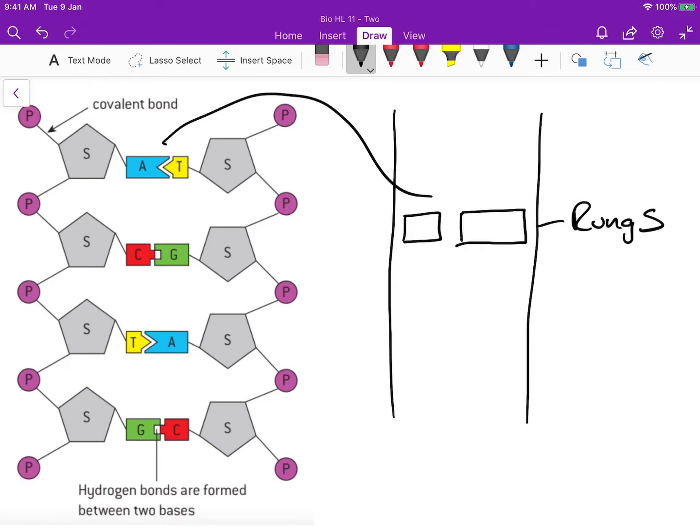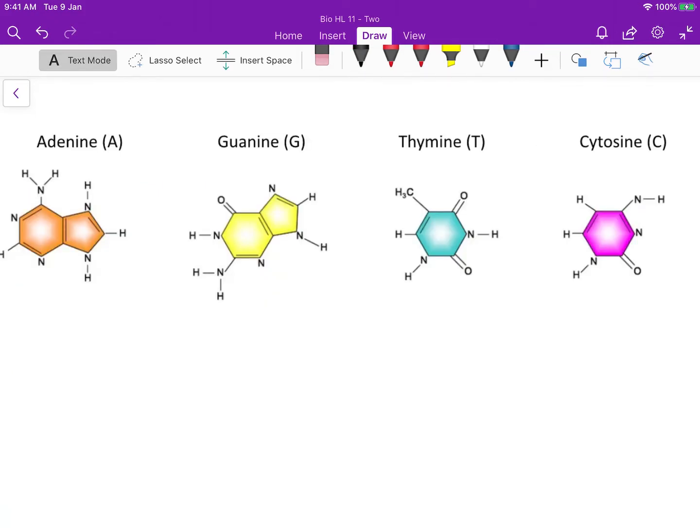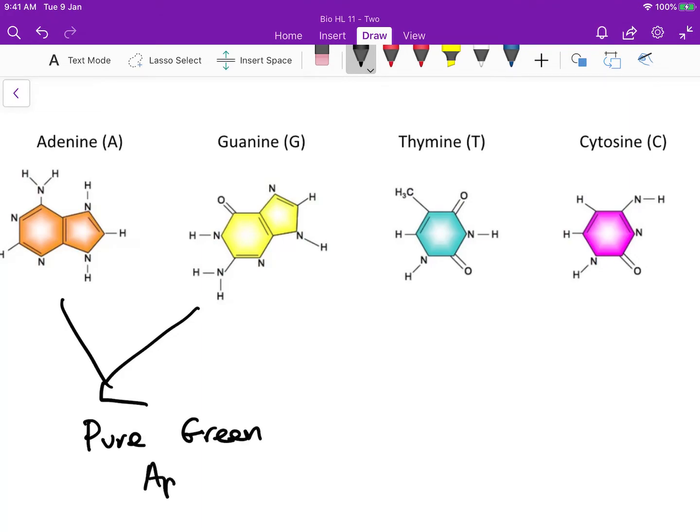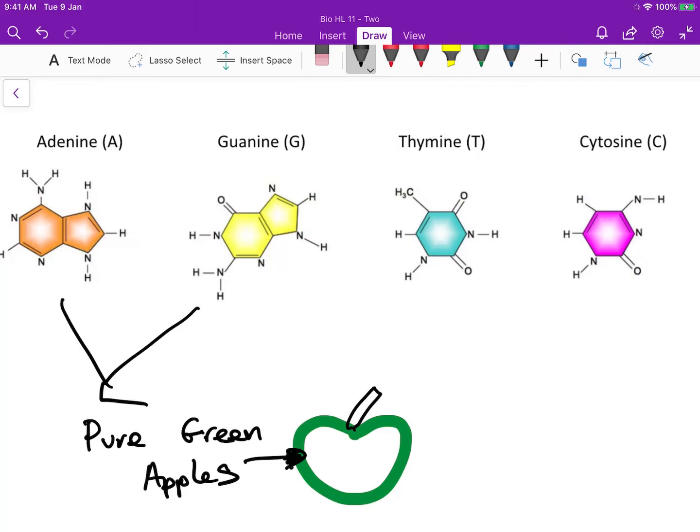Adenine and guanine, they are larger. These two, I remember it as pure green apples. Pure green apples, I don't know why, some student came up with it.